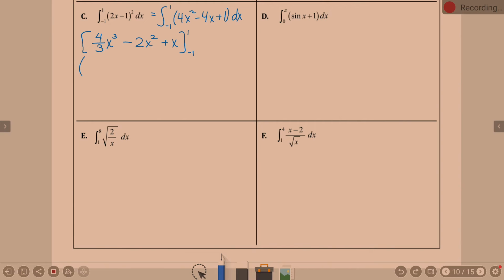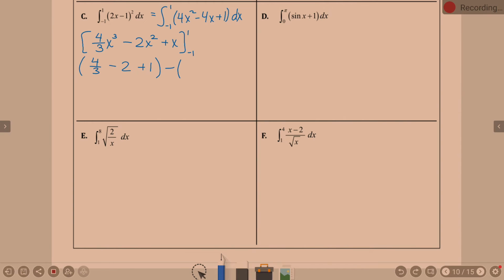So if I plug in the 1, I can do this math as I go to an extent. 4/3 times 1 cubed is going to be 4/3 minus 2 times 1 squared is going to be minus 2 plus 1. So there's me plugging in 1 minus, now I'm going to plug in -1.